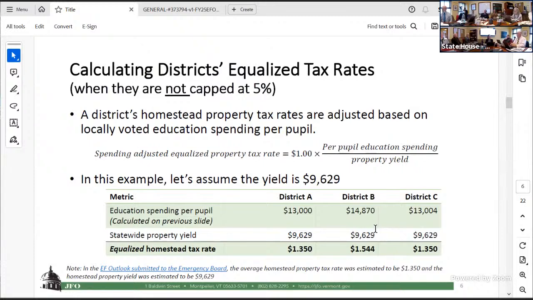Is it fair to say, Julia, that those changes in the yield right now are volatile because of the 5% cap? Yes, I would say that the changes in the yield are affected by the way the yield has been interpreted in previous years, the sense of one penny on the tax rate corresponding with X number of dollars in the ed fund.